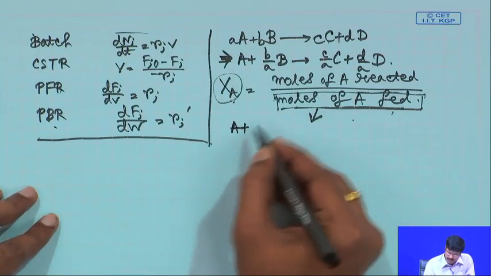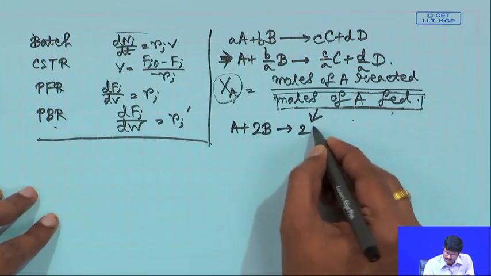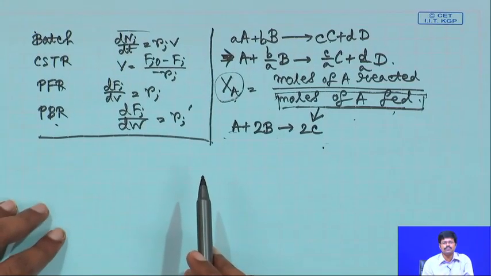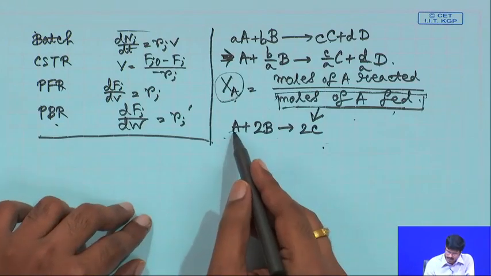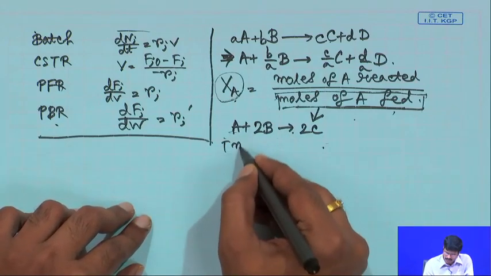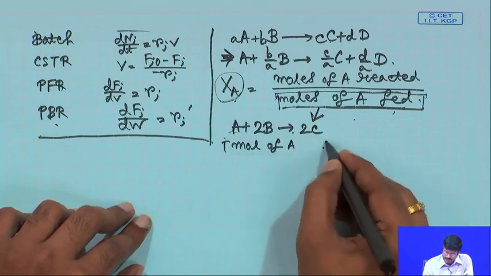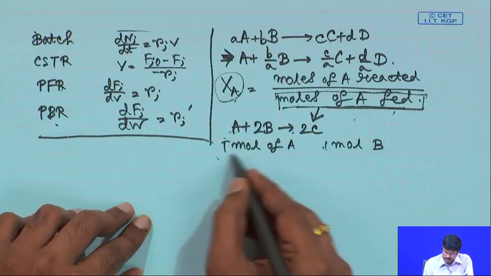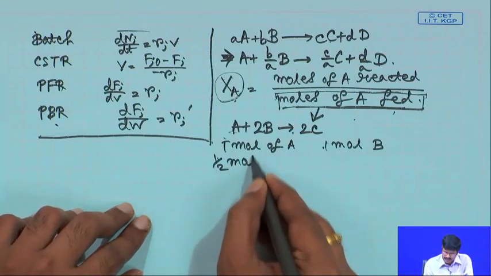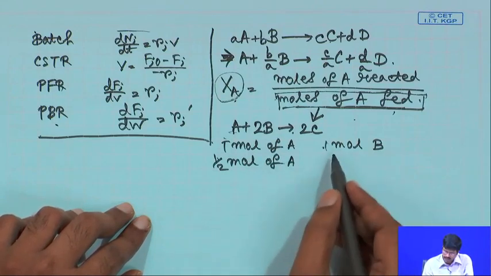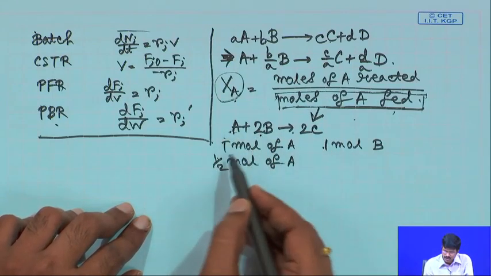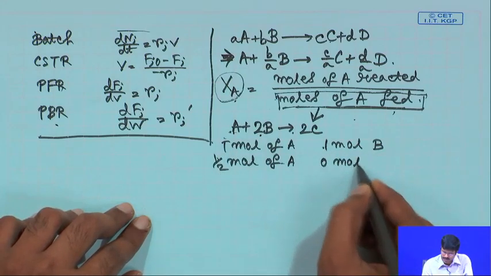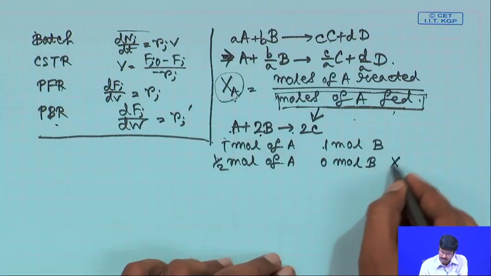So, let us say you are talking about this particular reaction, A plus 2B equals 2C. For this, the conversion you will define on the basis of A or on the basis of B. Let us say you define it on the basis of A, then you start with 1 mole of A and 1 mole of B. Now when half a mole of A has reacted, you have half a mole of A, and since 1 mole of A reacts with 2 moles of B, half a mole of A has already reacted with 1 mole of B. So, you basically now have 0 moles of B. So, what is the conversion at this point?